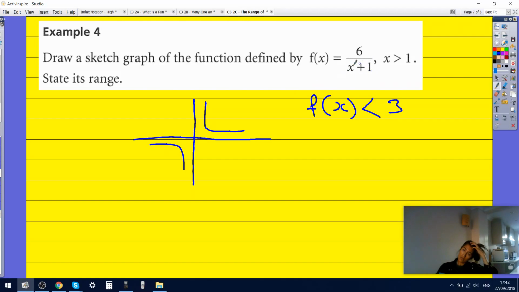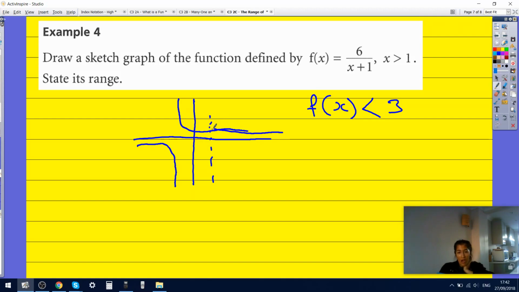Transformations always have the opposite signs. Move to the left. Yeah, it'd be translated by the vector minus 1, 0. So that's going to be moved 1 to the left. So this is when x is greater than 1. So that's like just this part here.